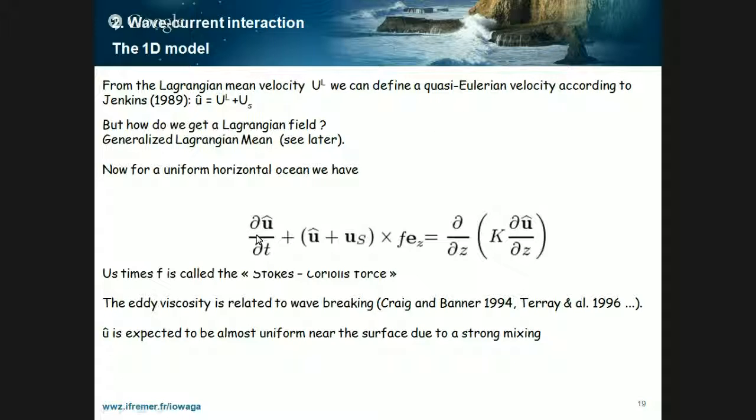And you have an equation for the current velocity, which is this, and the specificity of the wave effect is that it introduces a Stokes drift inside of the Coriolis force term. This was later called the Stokes-Coriolis force. And then you have this mixing. So imagine you have some stress at the sea surface, you get some mixing, and you will get a current profile for that.